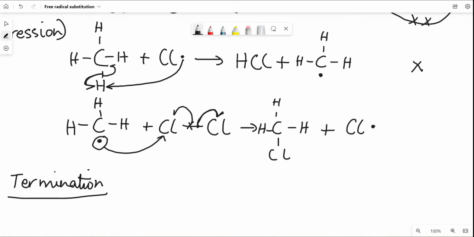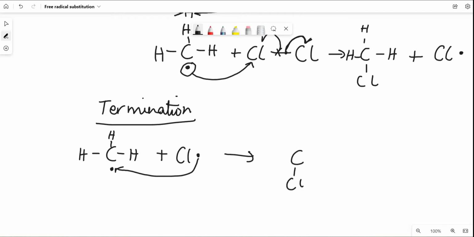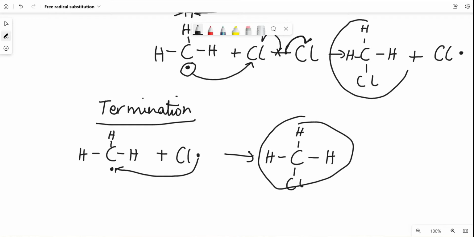So we can combine those two, and we have a C radical with 3 H's plus a Cl radical, and these react by forming a covalent bond, and it forms CH3Cl. And you can see that CH3Cl is also formed in the progression step as well.